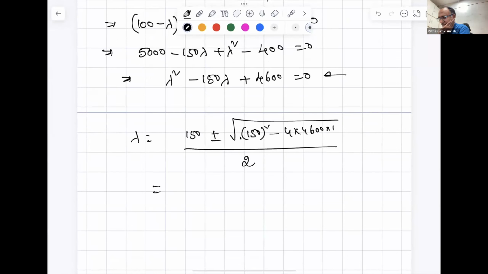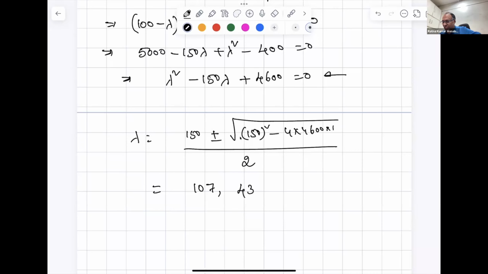Can you tell me the values? 107 and 42.98.